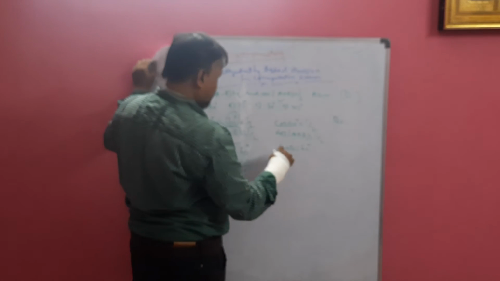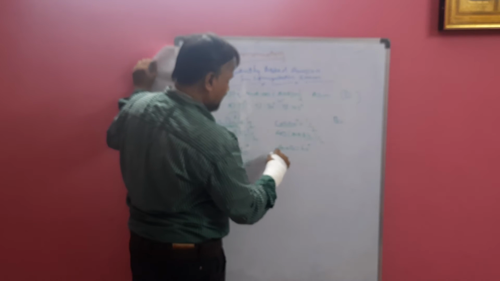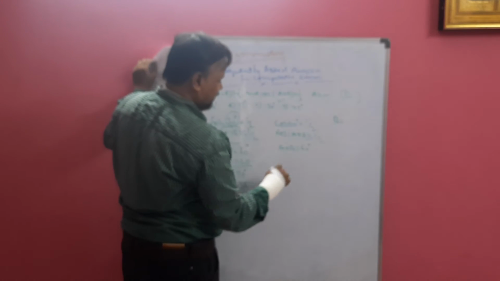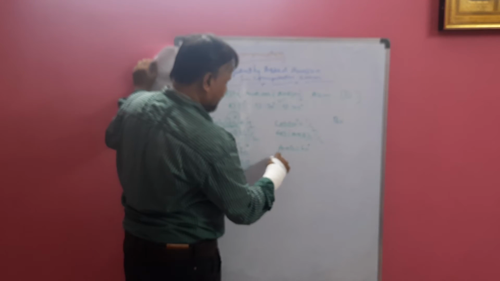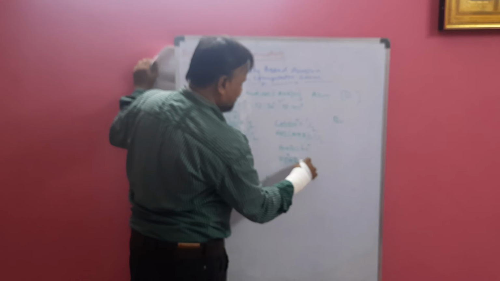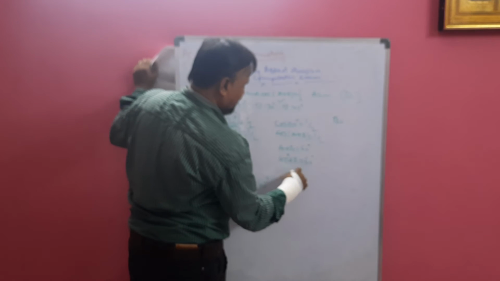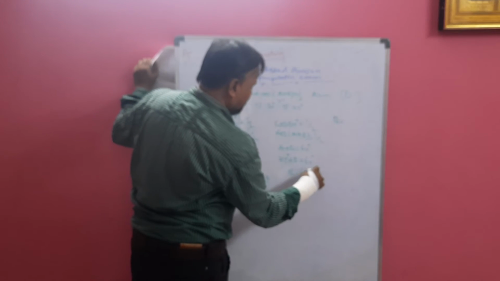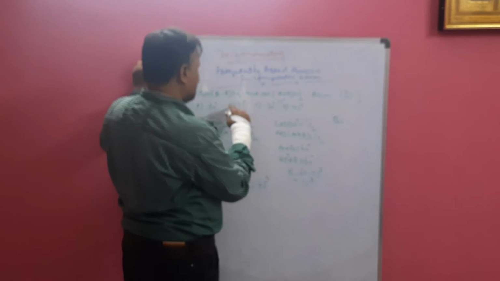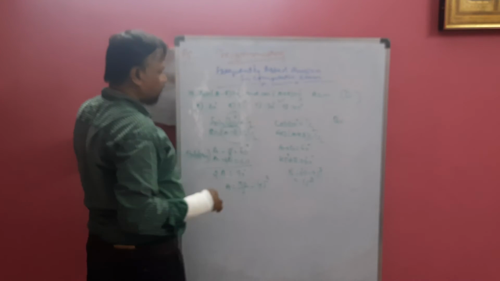If you subtract equation 1 from this, you will get 2B. Or substitute this, you will get that value. 45 is there, so substitute here: 45 plus B equal to 60 degrees. So B is 60 minus 45. You will get 15 degrees. So for B it is the correct answer.